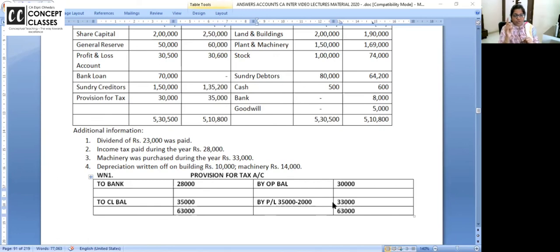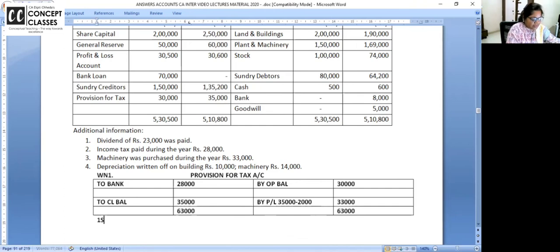Listen, dear students. Kabhi kabhi they give: provision for taxation for the year is 33. Opening is 30. Closing is 35. Then 28 balancing figure will come. And I want all of you to write first effect. इसका effect क्या आएगा?